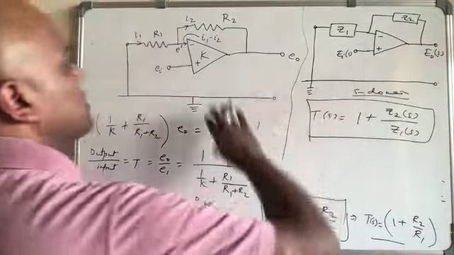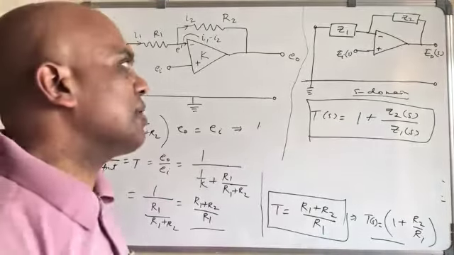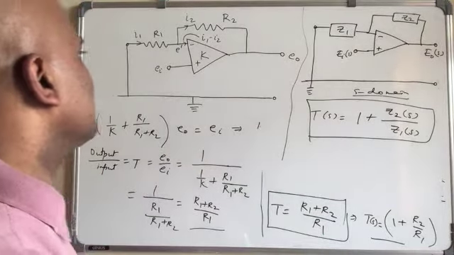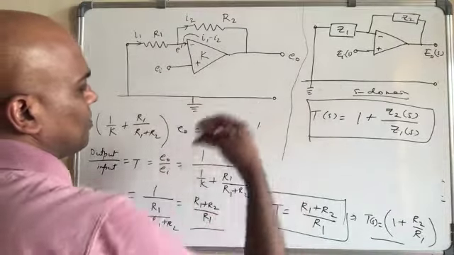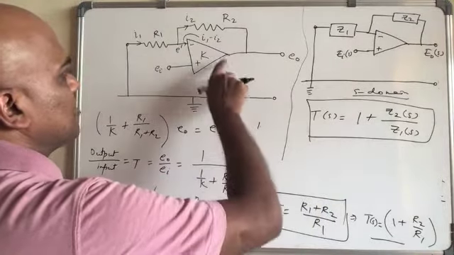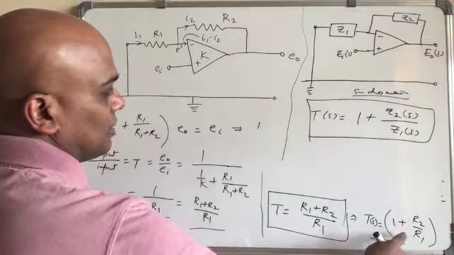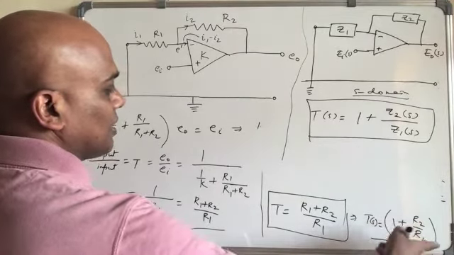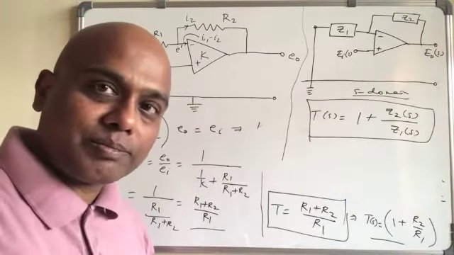For some systems it may be useful. If you want just a proportional control, only a constant, then instead of using 2 op-amps you can use only one, and the gain will be (R1 plus R2) divided by R1.